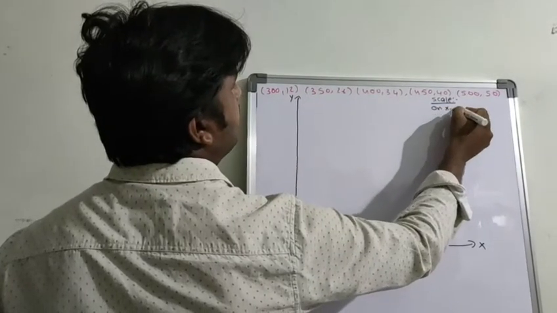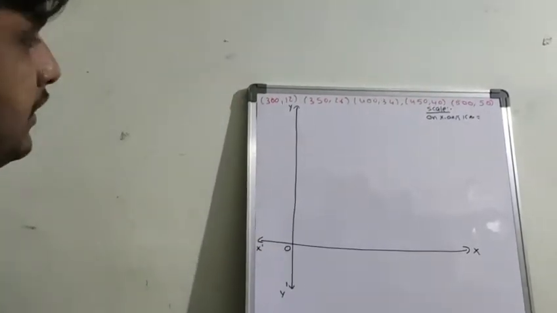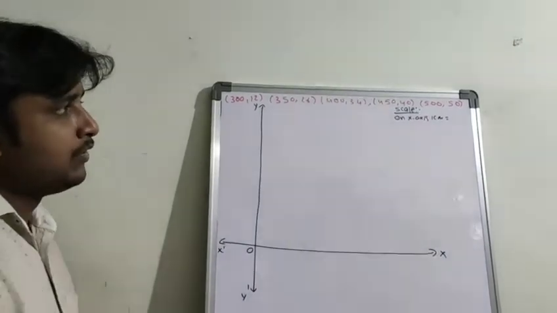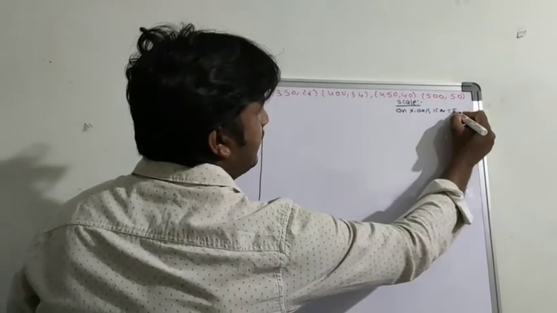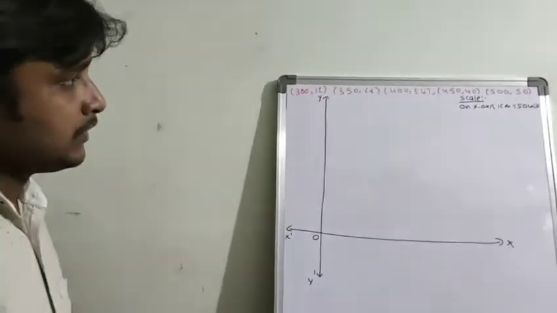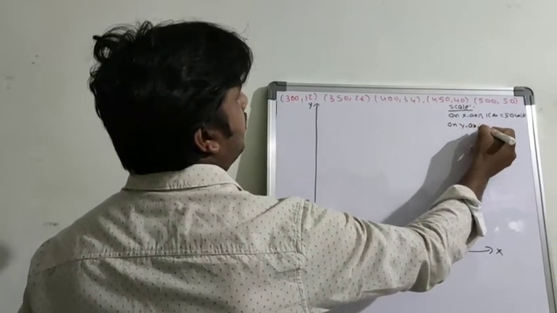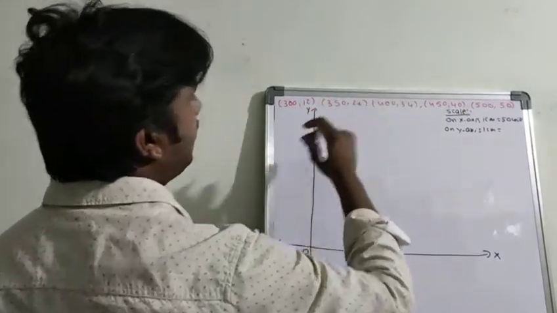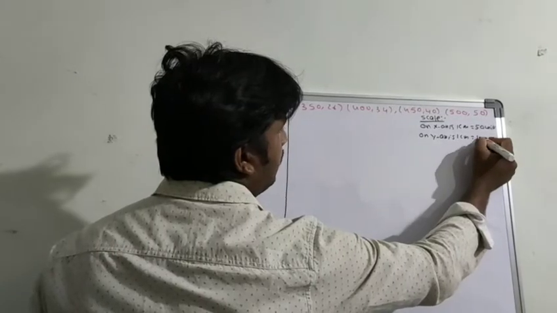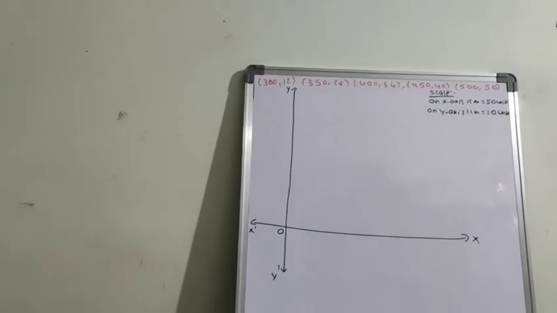On the x-axis, we have 300, 350, 400, 450, 500, so 1 centimeter equals 50 units. On the y-axis, the figures are 12, 26, 34, 40, 50, so I want to take 1 centimeter equals 10 units. With 10, 12 will be covered, 26 will be covered, everything will be covered.